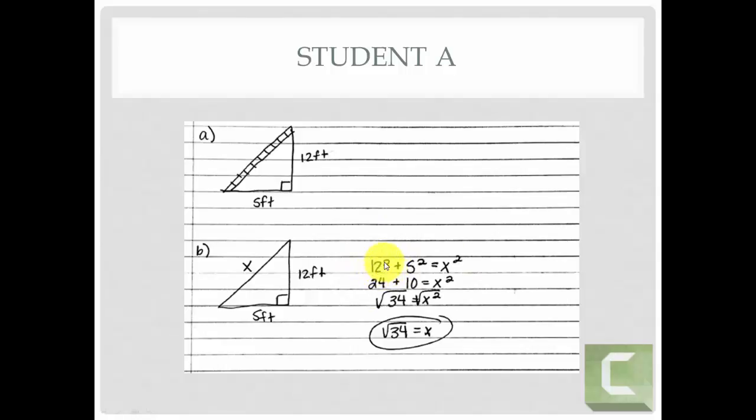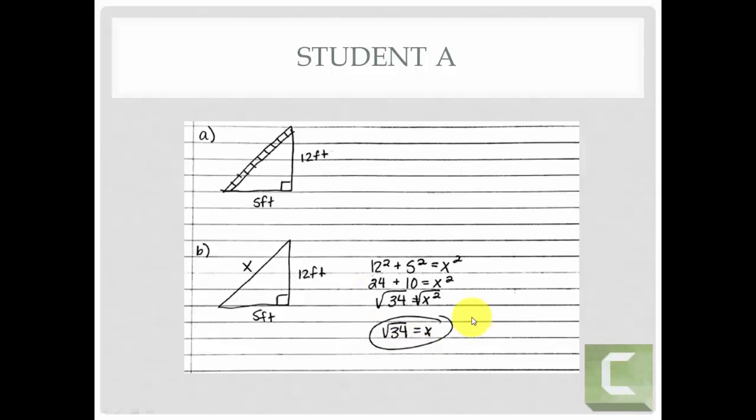So they said 12 squared was 24 instead of saying that it was 144. They're multiplying by 2 instead of squaring it. They did the same thing here for 5 squared equals to x squared. They correctly added the numbers together even though they weren't the correct numbers. And they did know that they needed to take the square root of both sides in order to get their answer.